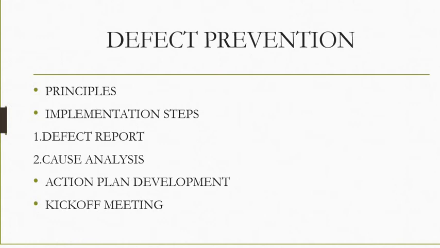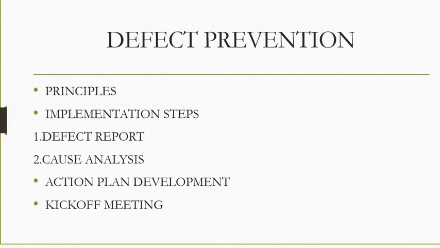Defect prevention. Defect prevention is the process of improving quality and productivity by preventing the injection of defects into a product.